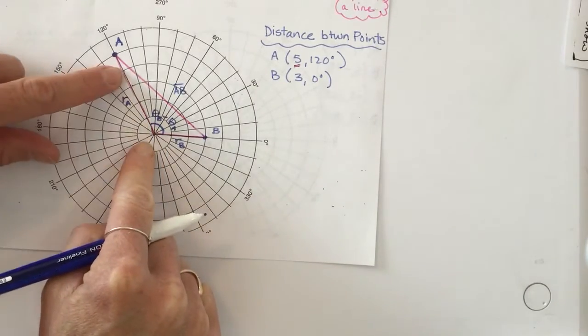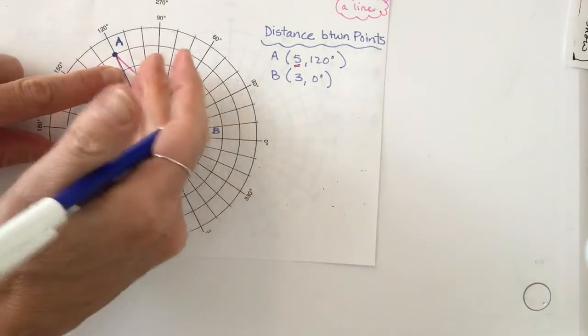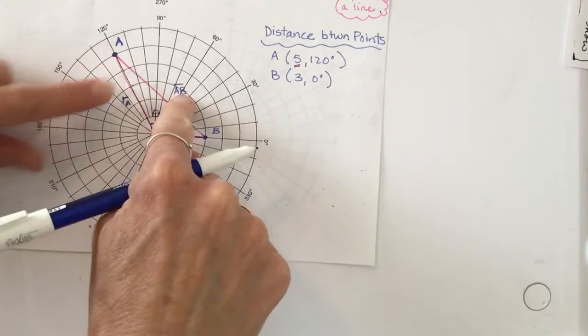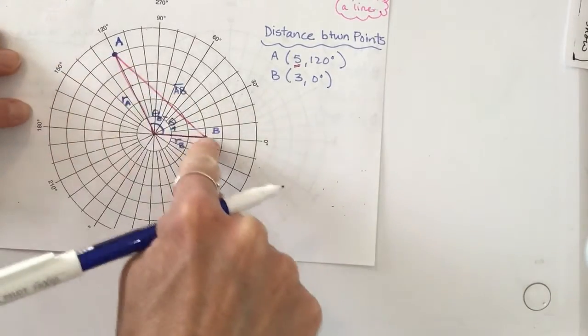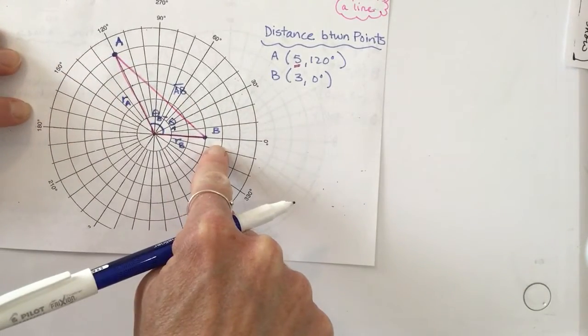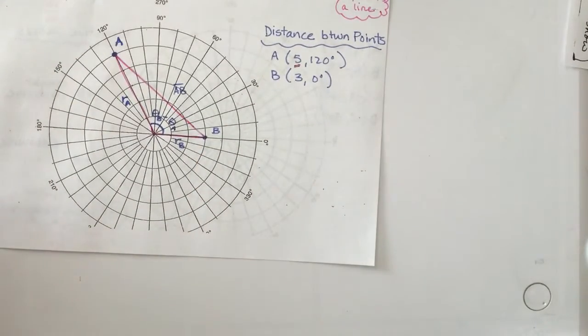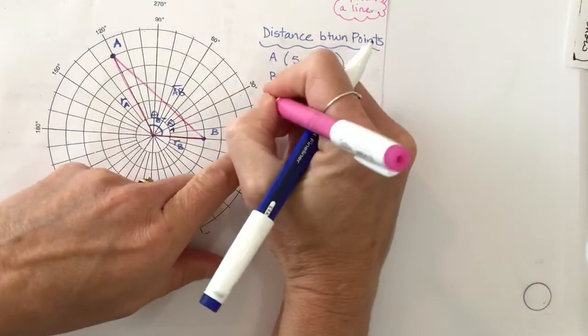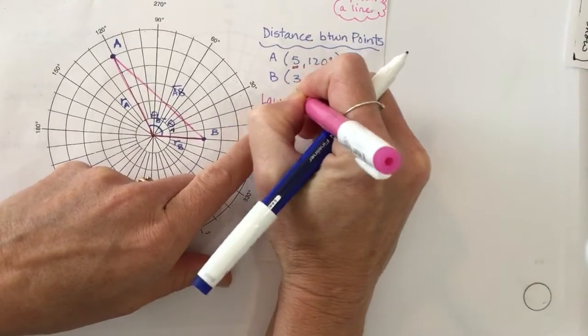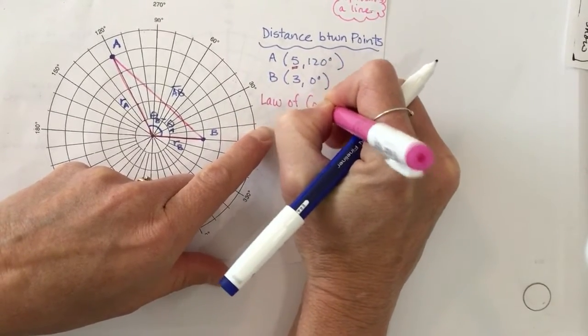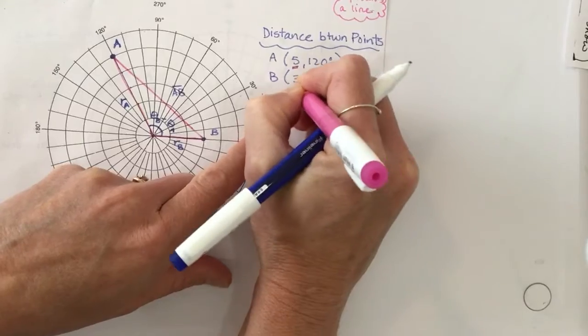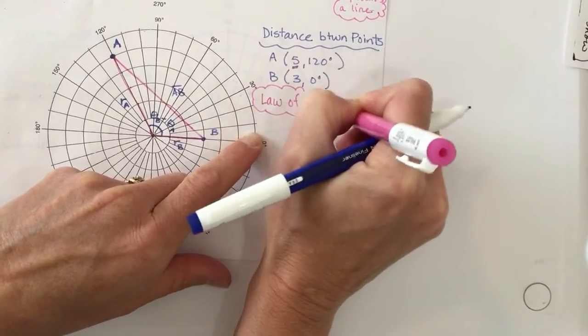We've got one side, another side, and the interior angle. How do we find this side AB? I know somebody said it. I know you guys did. Absolutely right. Law of cosines. Yeah, how cool is that, right?